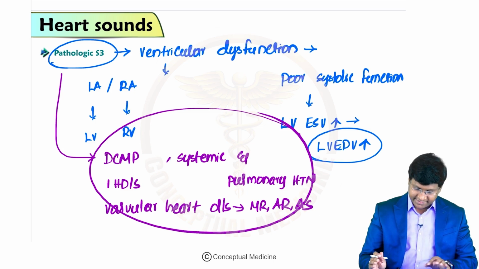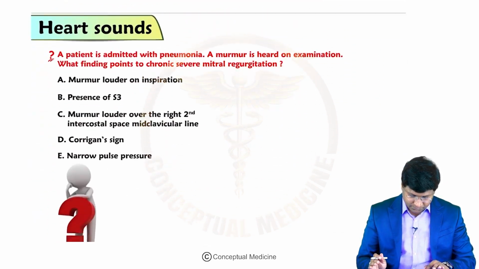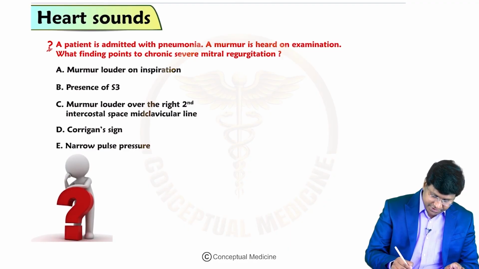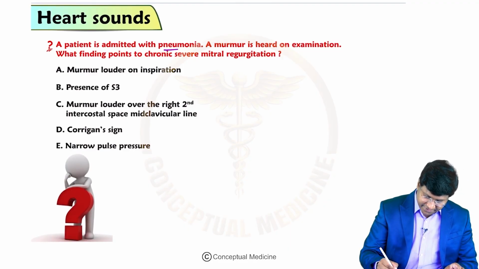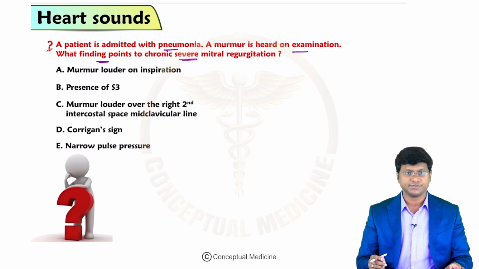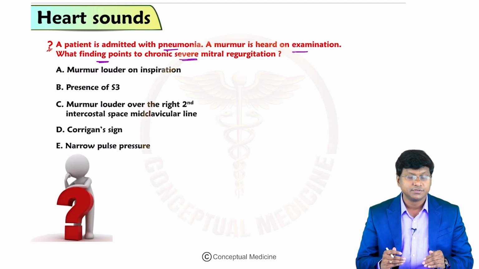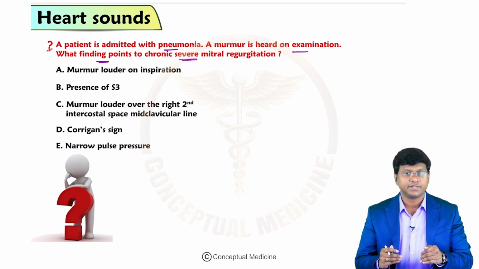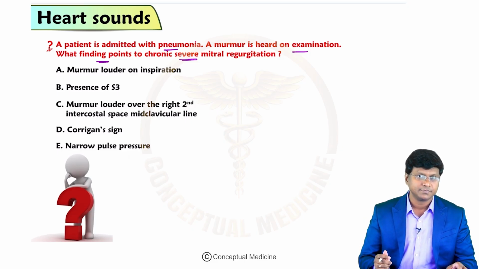Next, having said this, you see this question. A patient is admitted with pneumonia. A murmur is heard on examination. What finding points to chronic severe mitral regurgitation? That means, what are the points in favor of chronic severe mitral regurgitation?